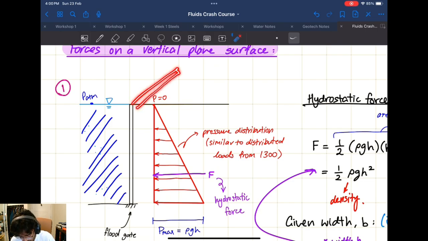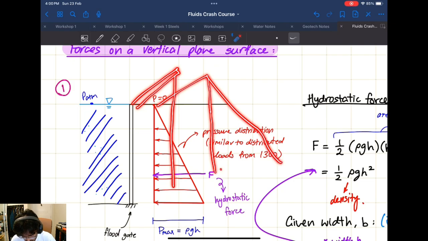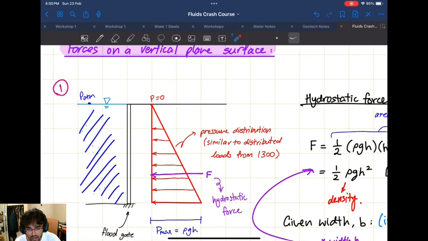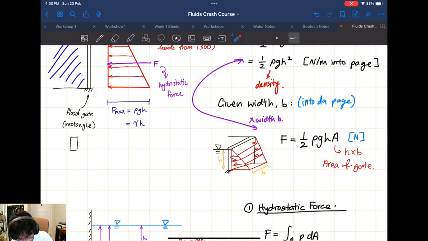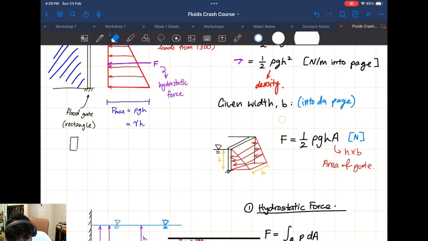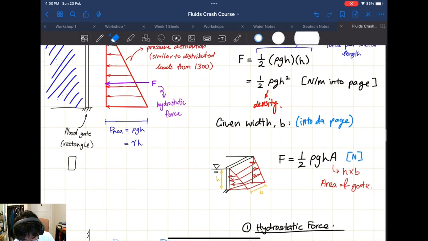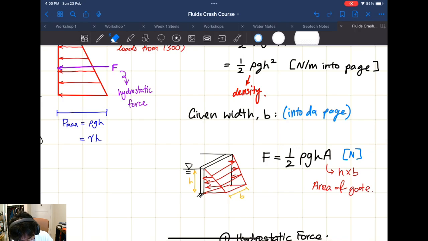So that width of the gate is going to be the pressure distribution in 3D, which I've actually drawn over here. So given that the width of the gate is this, the pressure distribution will actually look something like this in 3D. Given width B into the page, right?